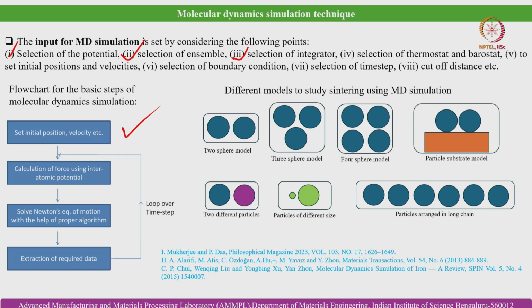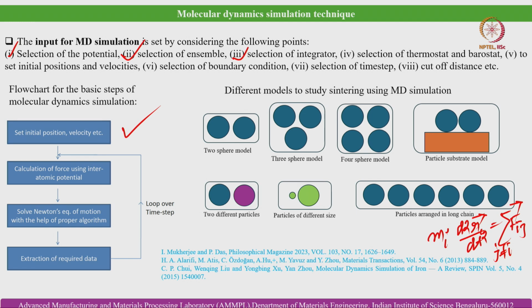So, what is basically Newton's equation of motion? If I write here, m_i d²r_i/dt² is equal to the summation of f_ij, where j is not equal to i. Here m_i and r_i are the mass and position vector of the ith atom, and f_ij is the mutual interaction force between the ith and jth atoms.